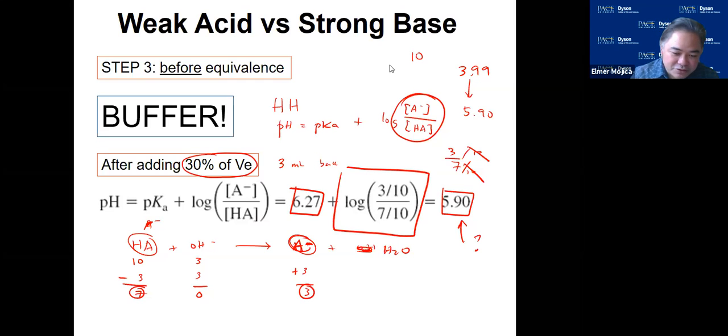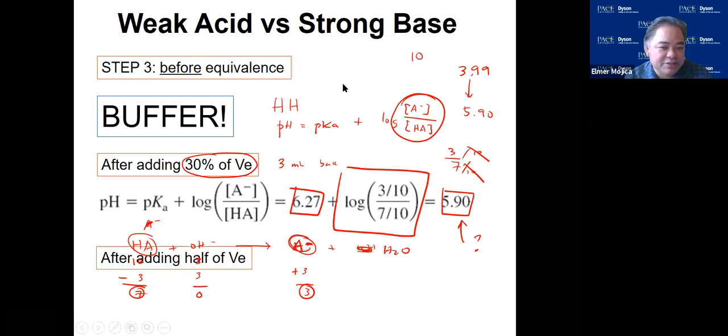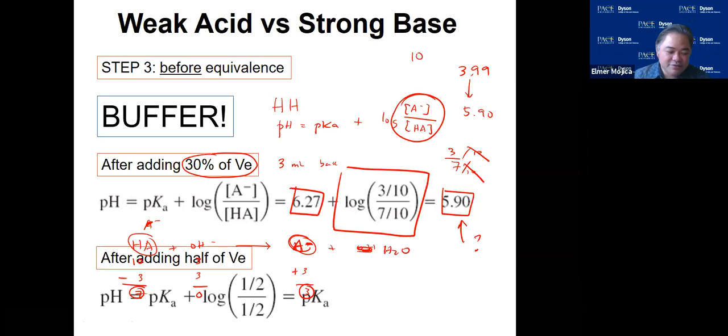Now, before we go to the equivalence point, what happens if we add 50% of the equivalence point? So when that happened, the 3 over 10 and 7 over 10 here will just become 5 over 10, which is also 1/2. And 1/2 over 1/2 here will give you what? 1.